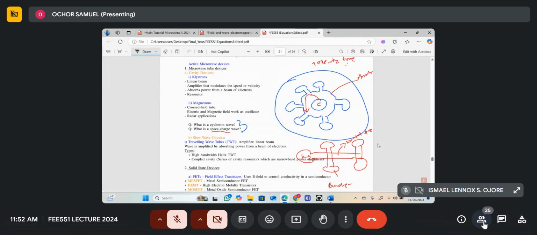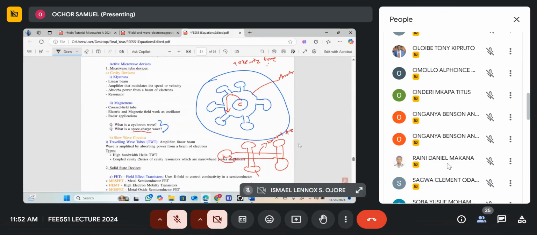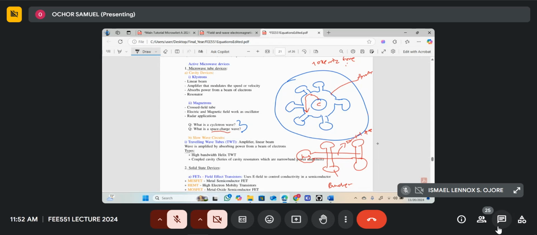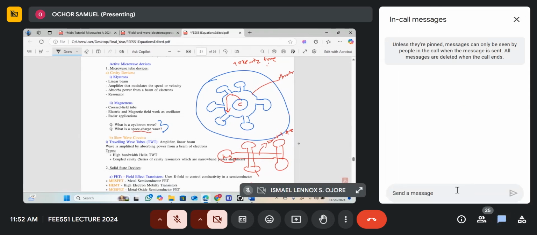Okay. So what I understood from the cyclotron wave is that we have the cathode. Of course, it has an input somewhere. But now the cathode will release electrons through thermionic emission, the process we learned so many years ago.